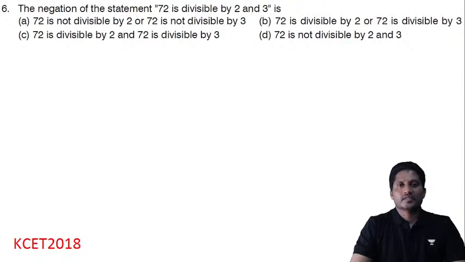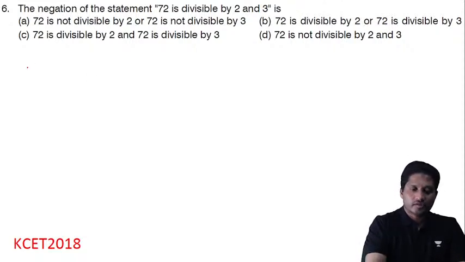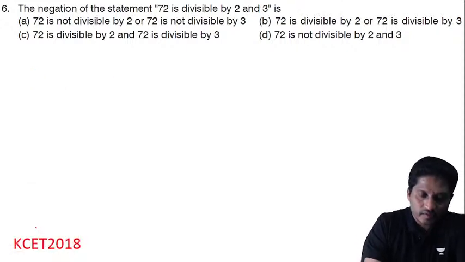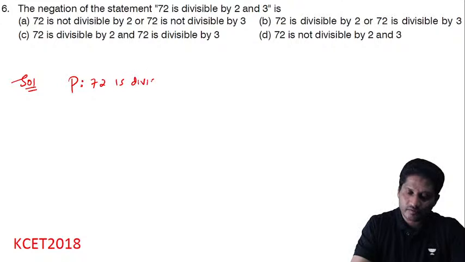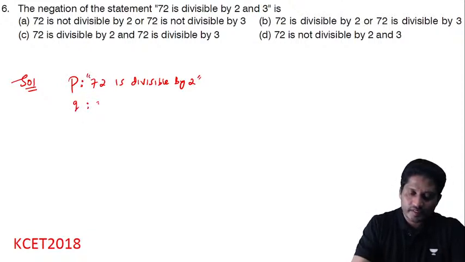The negation of the statement 72 is divisible by 2 and 3. So I'm going to write this as let p is equal to 72 is divisible by 2, and q is equal to 72 is divisible by 3.